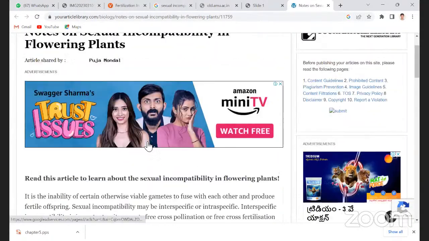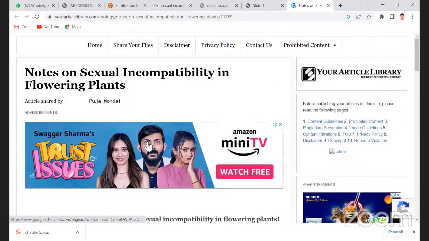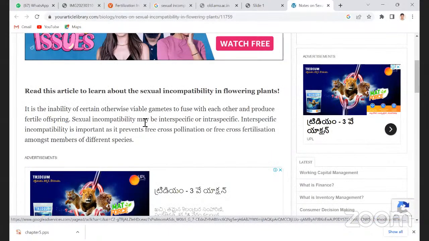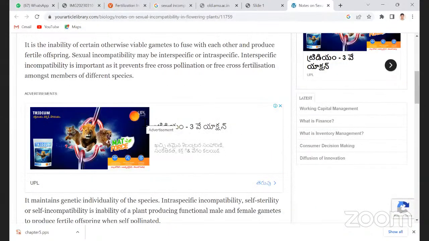So here another topic is sexual incompatibility in flowering plants. What is the reason for sexual incompatibility in plants? It is the inability of certain otherwise viable gametes to fuse with each other and produce fertile offspring.